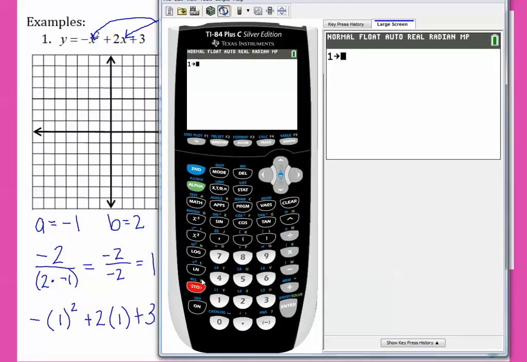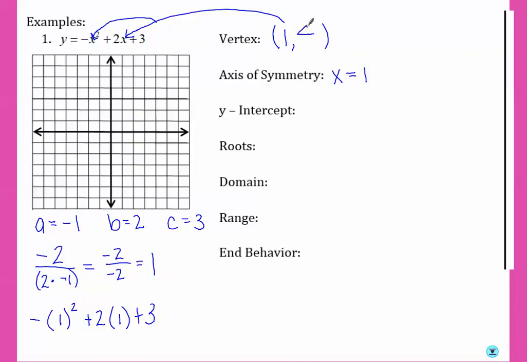So 1 store for x, and then type the original problem, negative x squared plus 2x plus 3. Enter. So the y part of our vertex is at 4. Our y-intercept, since c is 3, will be at (0, 3). Roots we'll come back to in a minute after we've graphed.